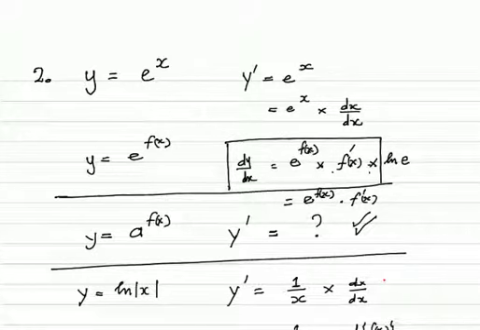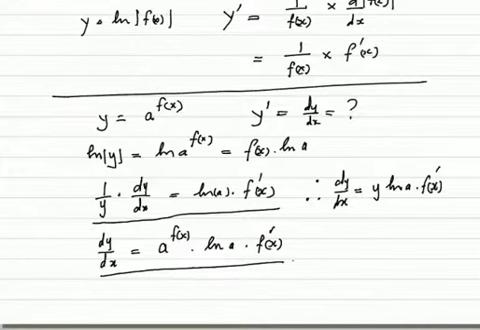So in general, we can say the derivative of any exponential function is the exponential function itself multiplied by ln of the base multiplied by the derivative of the argument. I think you notice what I've been emphasizing: always when you differentiate the function, you first of all differentiate the immediate function, in this case the exponential function, and you must in the final analysis end up multiplied by the derivative of the argument.